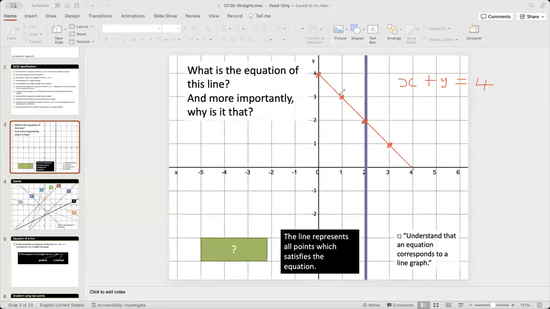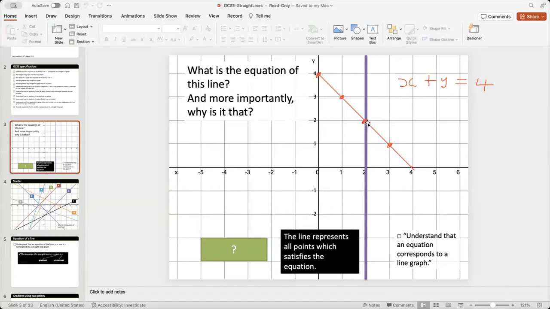At the first point, you see me pointing, let me use the mouse. At this point, that is 0 plus 4, which equals 4. At this point, 1 plus 3 gives you 4.